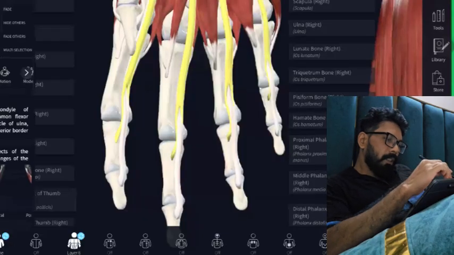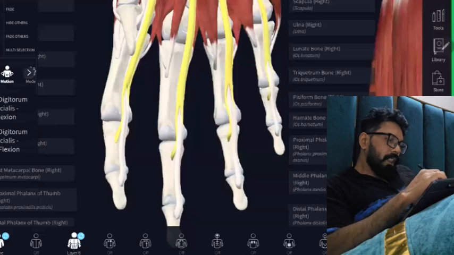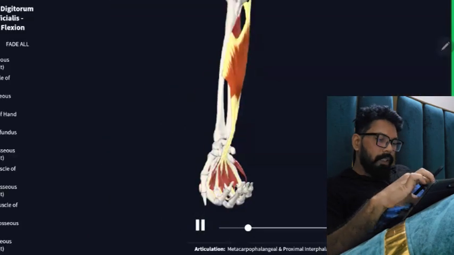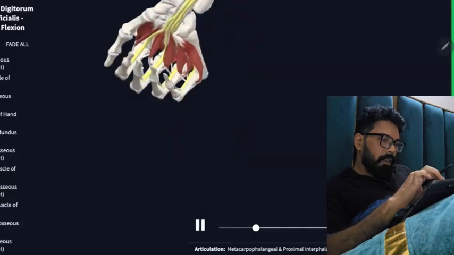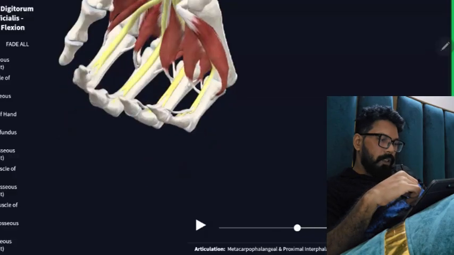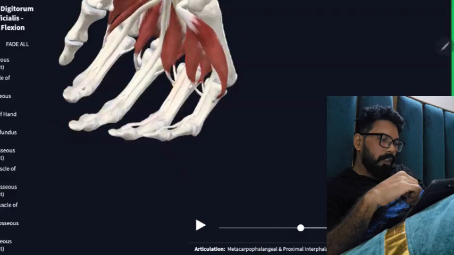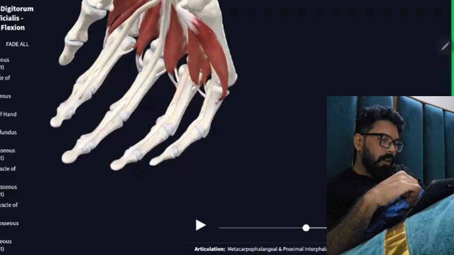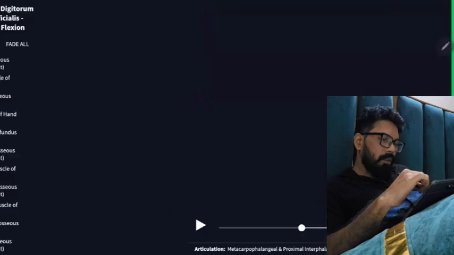I already told you. So let me show you the motion of it. Flexor digitorum superficialis, finger flexion. It will cause flexion of your proximal interphalangeal joint only. Only the proximal interphalangeal joint, this joint, guys. Oh, where am I?